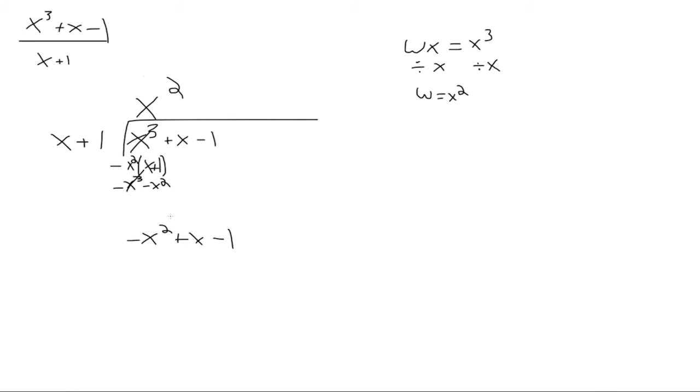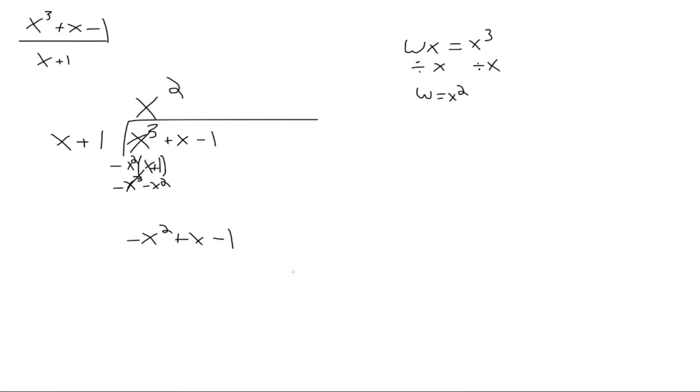But the thing is, this is something that we can solve, right? Because we did make progress in that last step. Even if we still have the same number of terms, we managed to get a lower exponent term, okay?